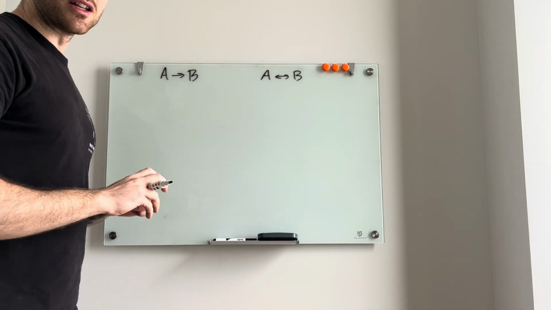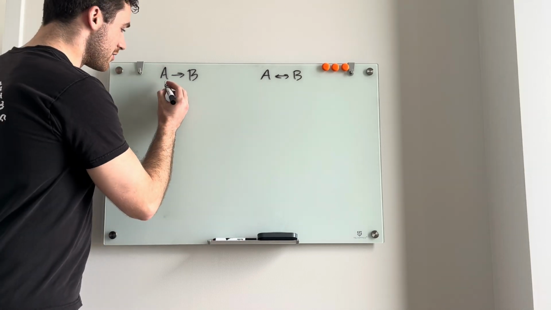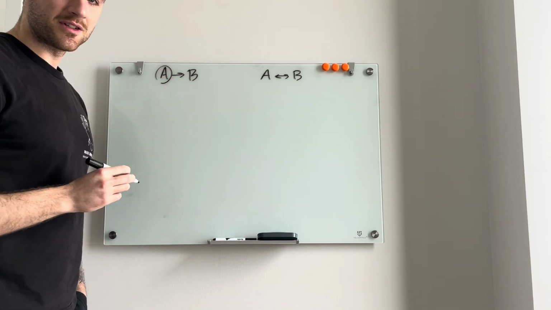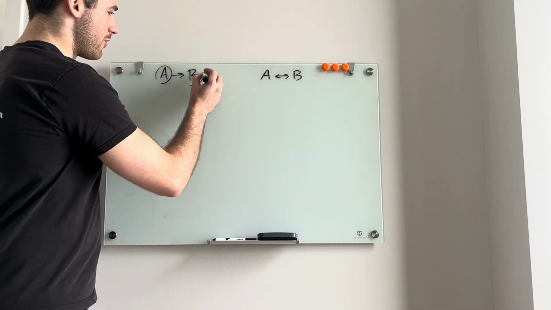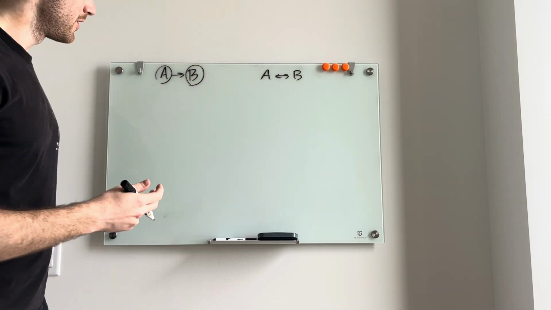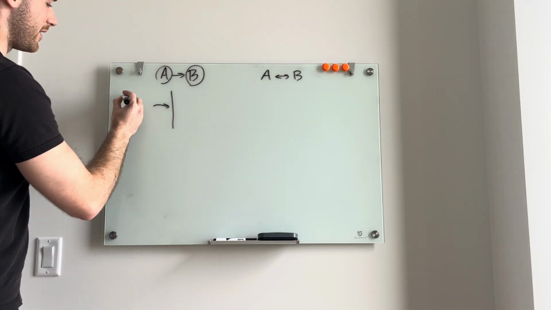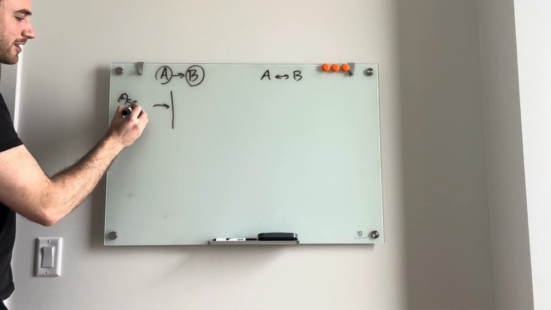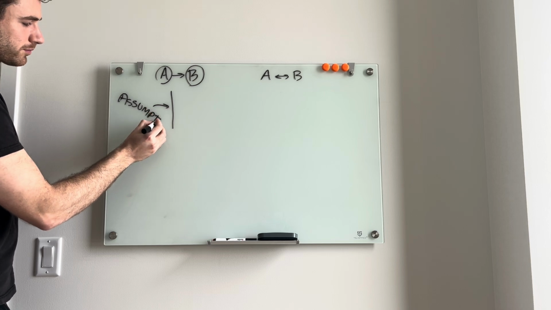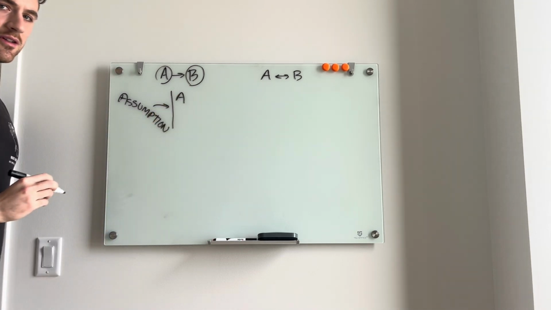So how you prove a conditional statement is you assume whatever is on the left, and then try to show that whatever is on the right follows from that in the basic rules. So how this looks is you start a subproof. Remember, this vertical line means that you're making an assumption, and you assume what's on the left.